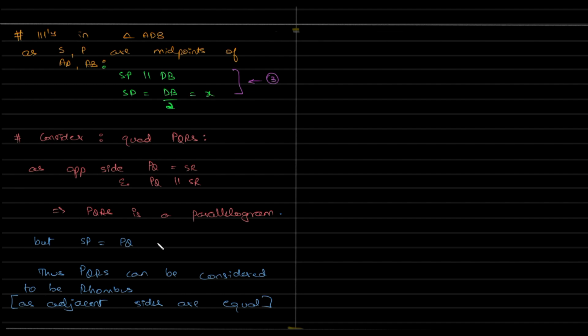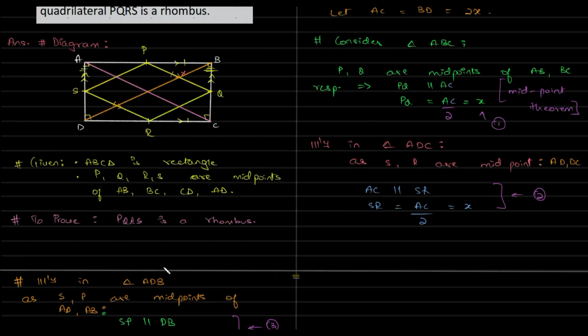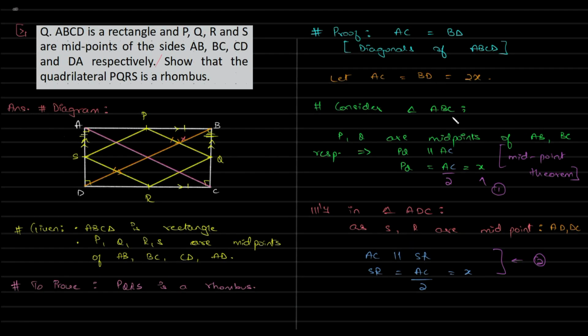Right? So we can call this a rhombus. That's it. So me talking about 90 degree, where did I do that? I didn't. So diagonals meeting at 90 degree is not required over here. We proved it by talking about all the sides being equal and parallel because it's a parallelogram, right? So this is your answer.